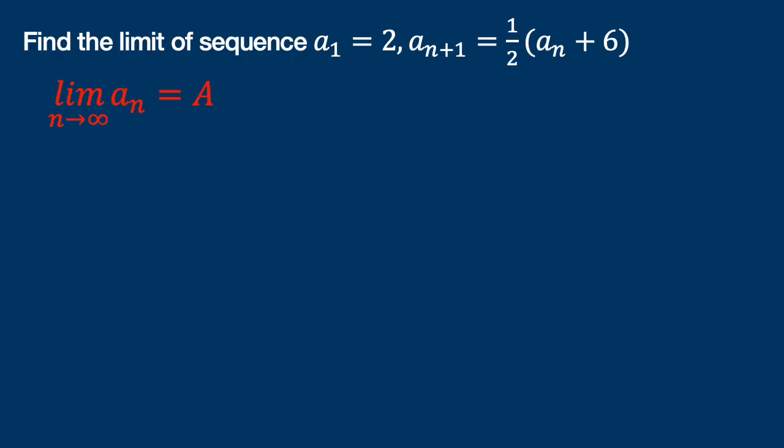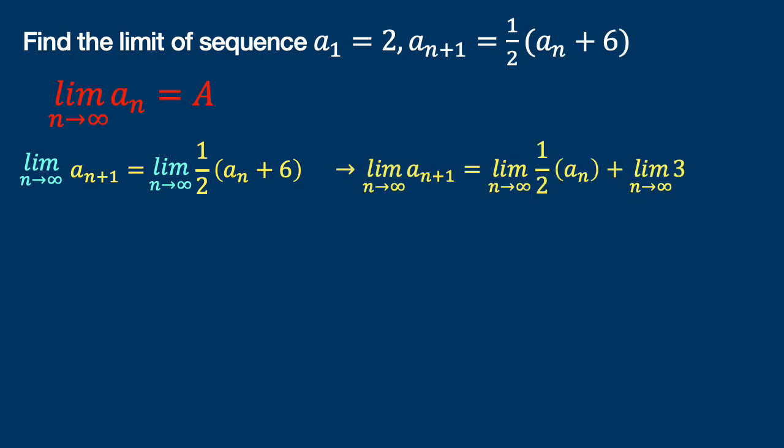So I put the limit of a_n equal to a, guys. Now write down a_{n+1} equals 1 over 2 times (a_n plus 6). Now you take the limit on both sides, as n approaches infinity, of a_{n+1} and of 1 over 2 times (a_n plus 6). Let's distribute the 1 over 2.